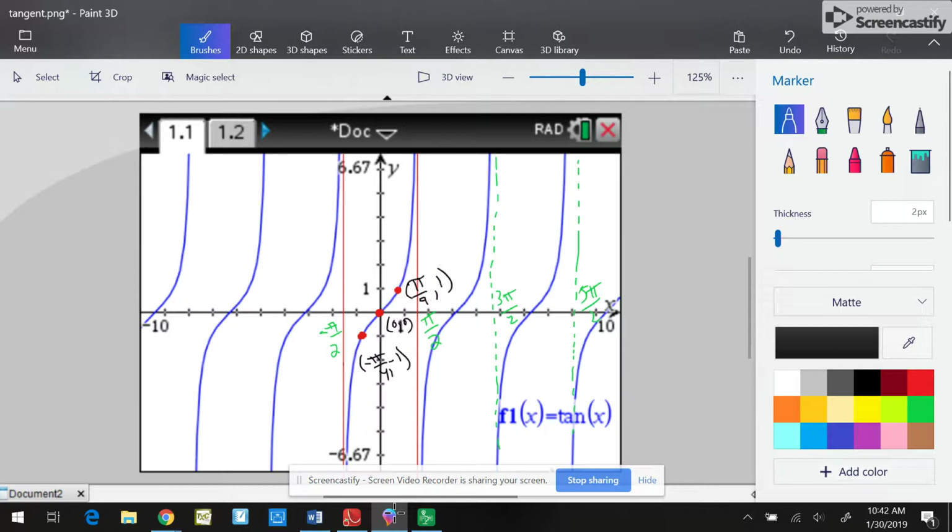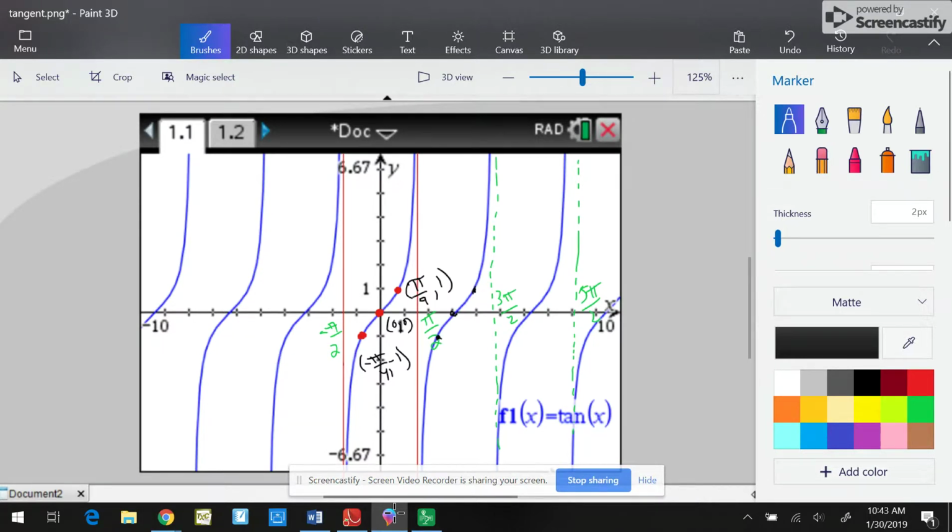These values are the basic values on the parent function of the tangent graph, and they repeat every pi. And so you'll notice those 3 values repeat themselves: 1, 0, and negative 1. The x values here will change to different angles, but the 1, 0, negative 1 will repeat themselves. So this is the parent function of the tangent graph.